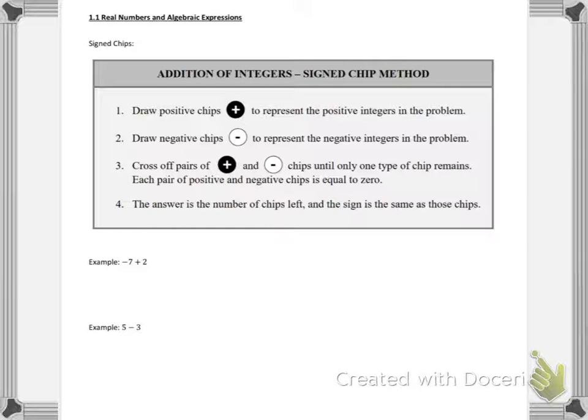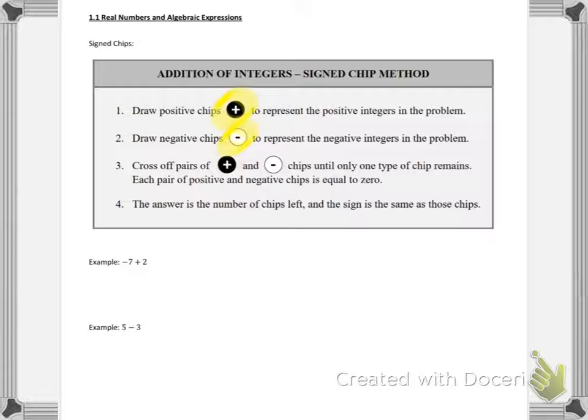Because the reason this is so impractical if you have large numbers is that this requires you to draw this actual cute little shape, like a plus sign or a plus sign in a circle, for every positive number, and then to draw a negative chip for every negative number, and then to cross off pairs of chips until only one type of chip remains.